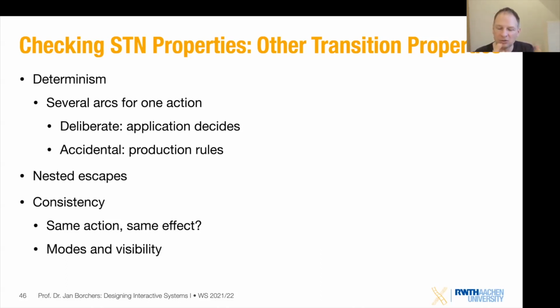And so modes are also nicely modeled because you will find that you need to essentially double everything when the system is in one mode versus the other mode. And for each of these two modes, you need to specify what each action does. And if they do different things in the two modes, then that hints at a mode issue with the interface, right? Because that's something that the user might stumble over when they press a button that they expect to do something and it does something else because the system happens to be in a different mode.